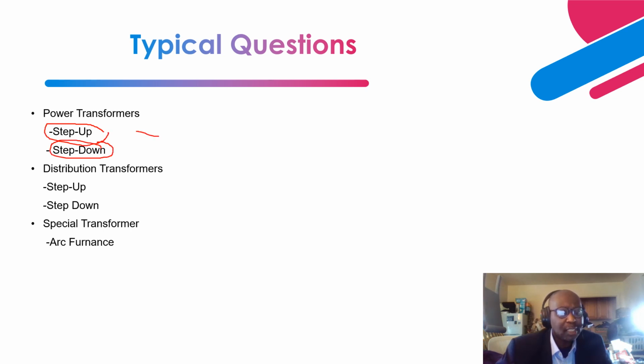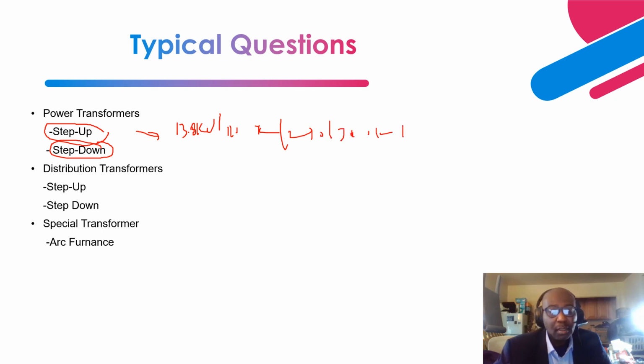And a typical example of a step-up transformer, which is used in a generation substation or switchyard, is, let's say, it steps the voltage from 13.8 kV to 115 kV to 230 kV, 345 kV, 500 kV, 765 kV, and so on, right?